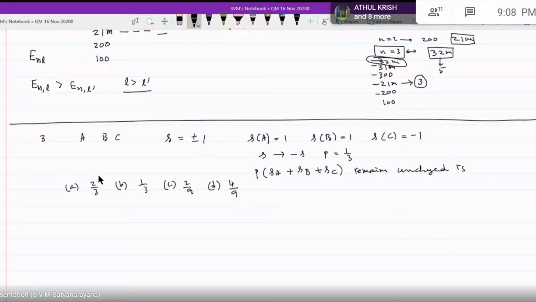So this is the initial state, right? 1, 1, minus 1 is the initial state.